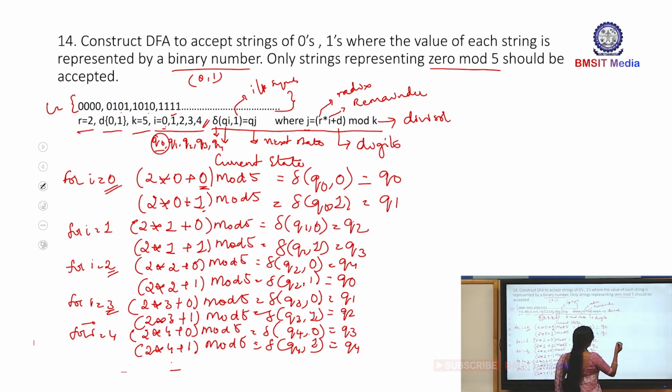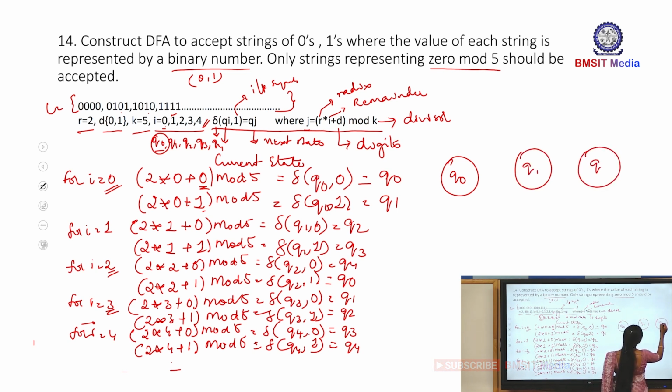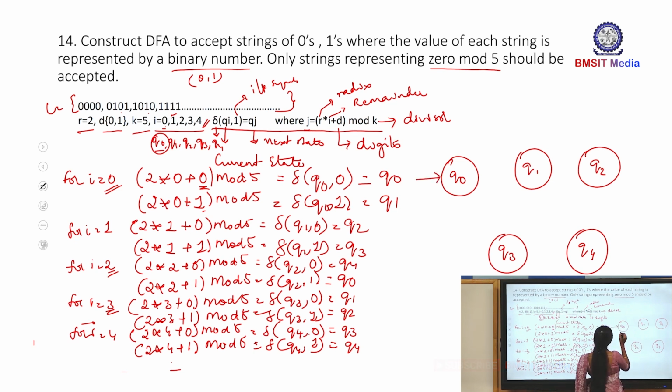We know that there are 5 states, so I can write this as Q0, Q1, Q2, Q3 and Q4. I'll start with the start state, which is Q0.